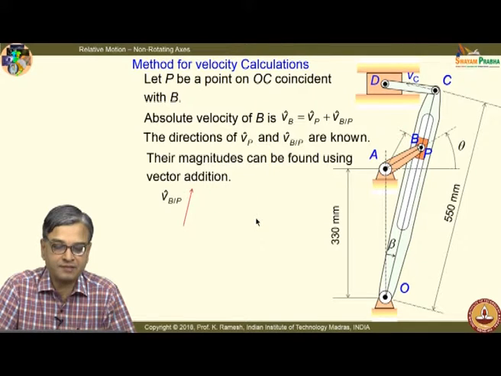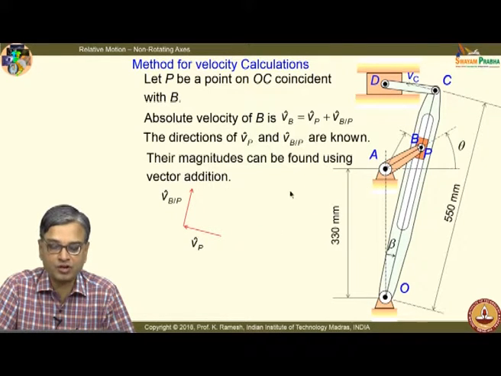So, I have this relative velocity which is in the direction of the slot, and I have this is perpendicular to the slot. So, I have this V_P and I know V_B completely. So, the problem is solved.